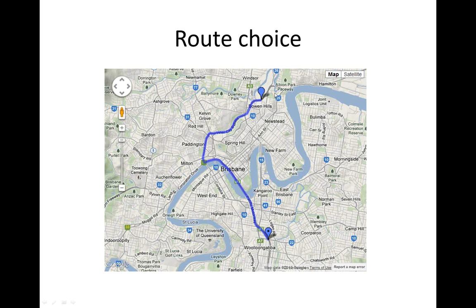You can see here that for this point to that point, the preferred route is through the Pacific Motorway and the inner city bypass route, as opposed to going through this particular route, which includes the Clem 7 and all the way to there. The decision for route choice is the same as your GPS navigational system, which is based on the least amount of travel time.